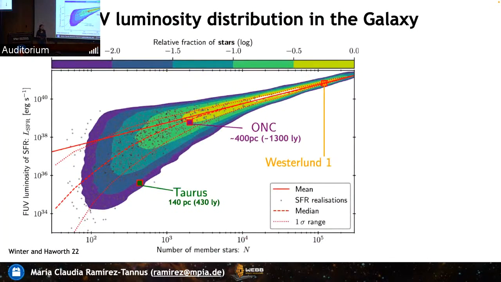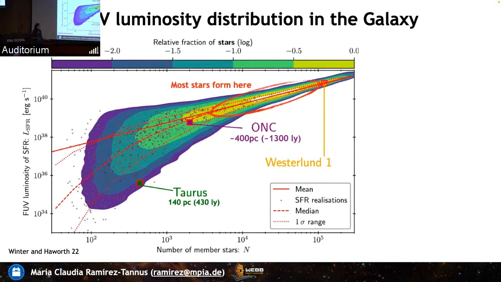Now, the problem is here. This is a plot that I'm showing you from Andrew Winter and Tom Haworth, where what you see on the y-axis is the FUV luminosity, and on the x-axis you see the number of stars, and the shaded regions show you the relative fraction of stars in each place of this plot. And what we learn from this plot is that most stars actually form in regions like this, where the FUV luminosity is very high because these regions are dominated by massive stars.